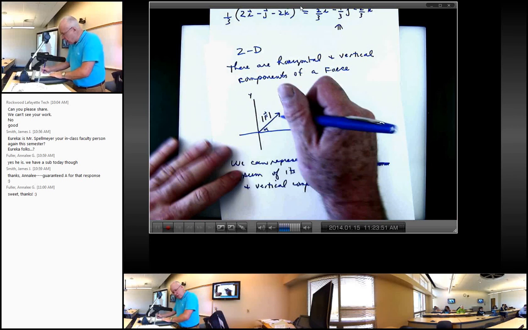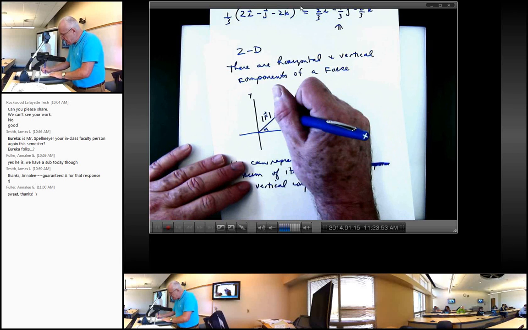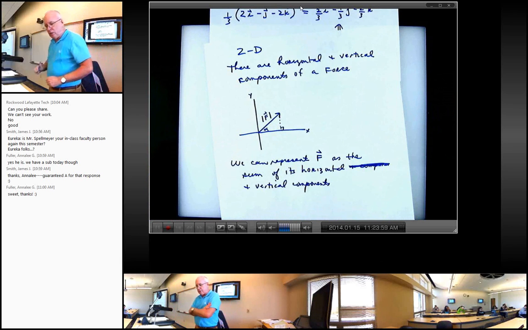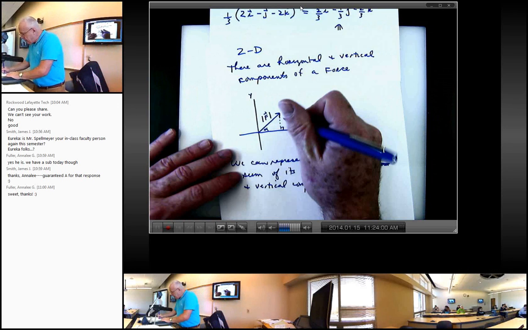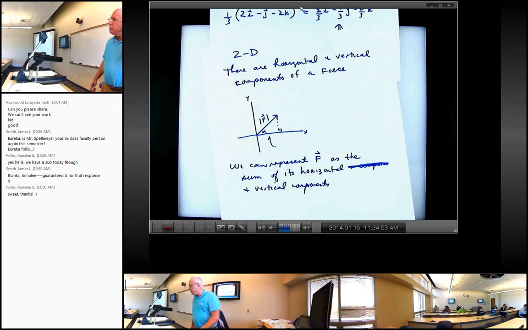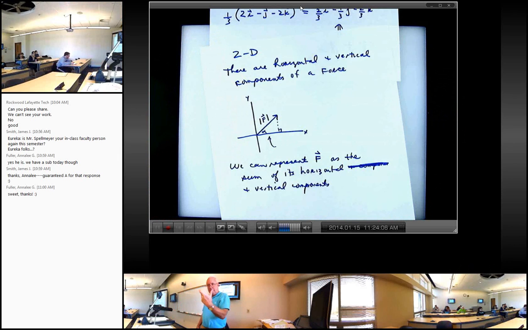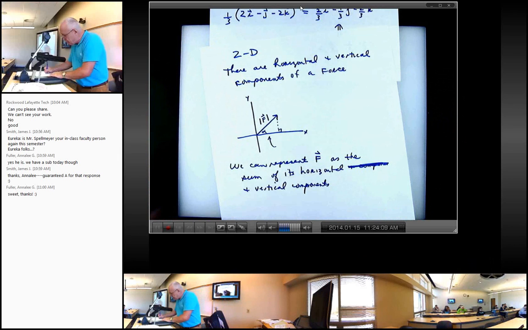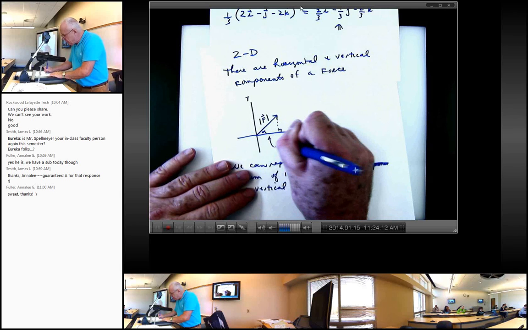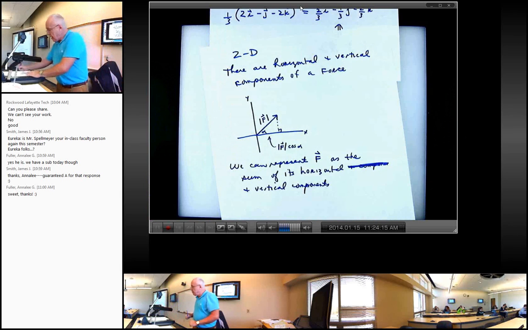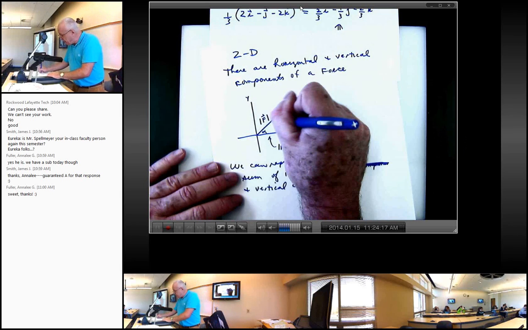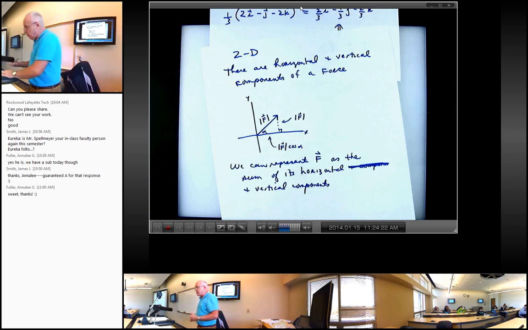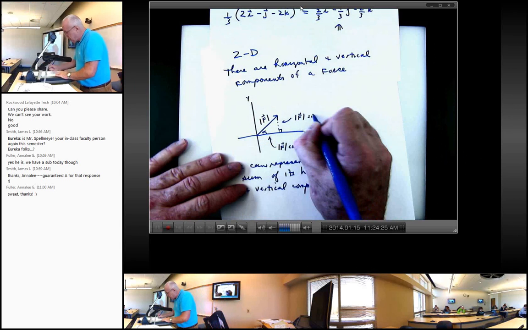Let's just drop a dotted line down here at a right angle and make it go down to the x-axis. The length of this part here is going to be that absolute value times the cosine of the angle. And the length of this part here is again going to be the length of our hypotenuse, the absolute value of the force, times the sine of theta.